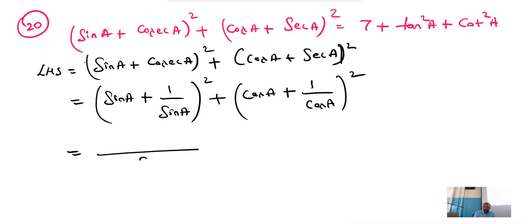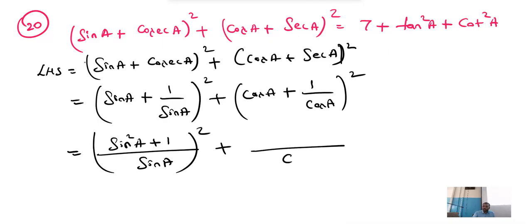LCM sin A. This is sin square A plus 1 whole square. LCM, cos A. Cos A into cos A, cos square A plus 1. Any doubts? Is this clear? Cos square A plus 1.